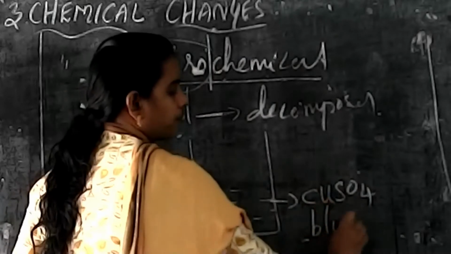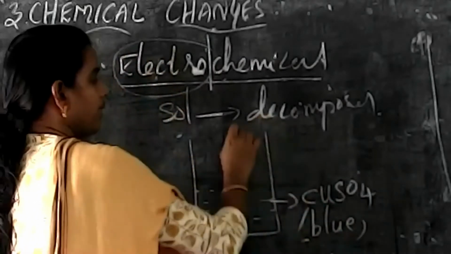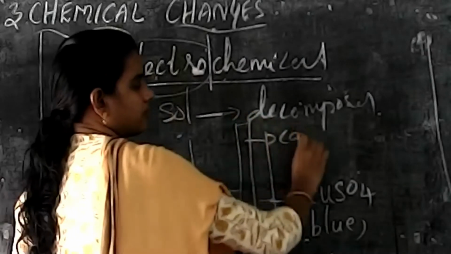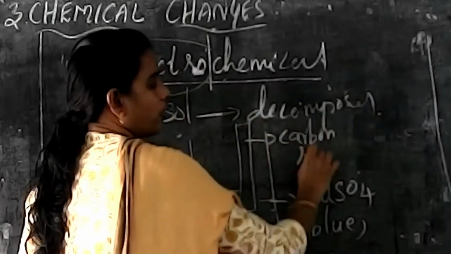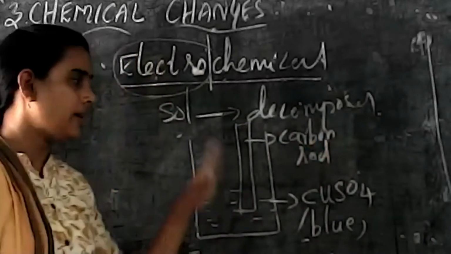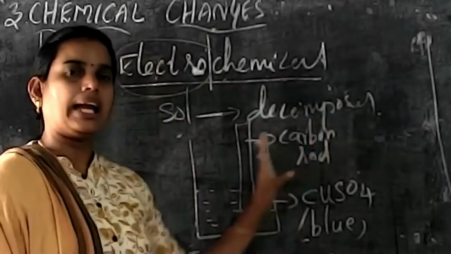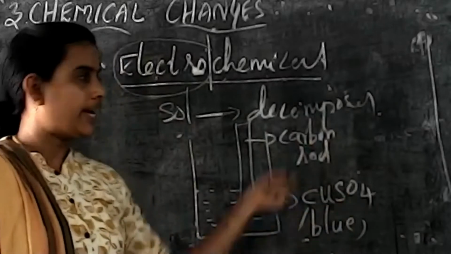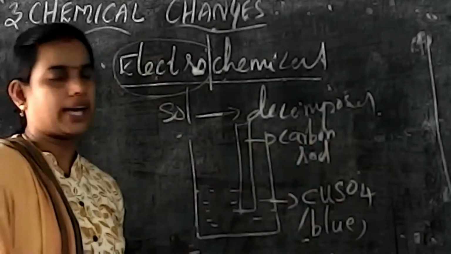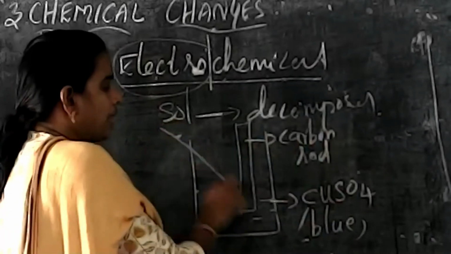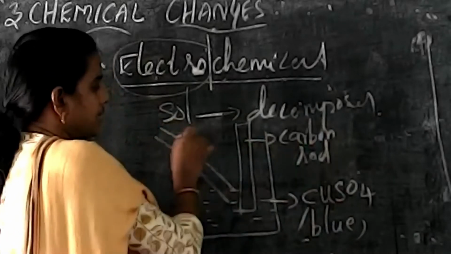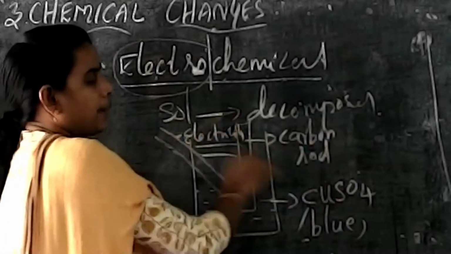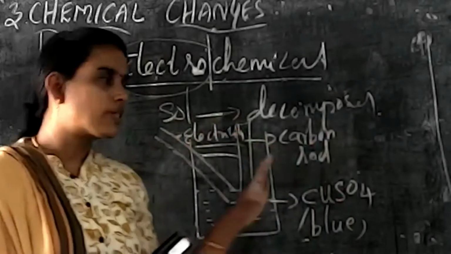Then we have to keep one carbon rod here. So first of all, we are taking one beaker consisting of copper sulfate solution, and we have to dip a carbon rod in it. Then we have to apply electricity for some time, and after applying electricity, we have to observe the changes.